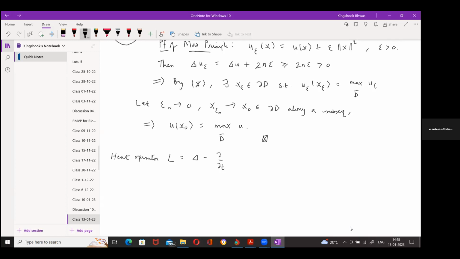And now, if I have a domain D, what I can do is look at the domain cross time. So I get a sort of cylinder.